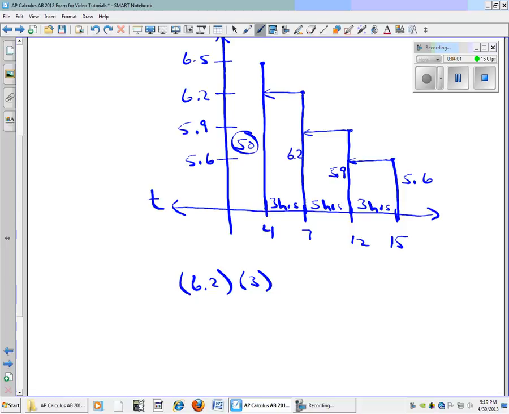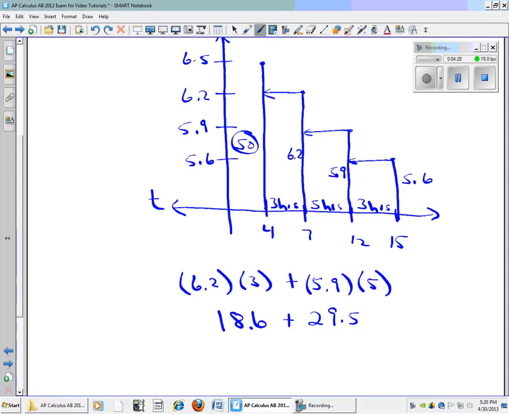So we'll have 6.2 times 3 is 18.6 liters. Then in the second time frame, we have 5.9 liters per hour for 5 hours. And again, the hours cancel, and we're left with liters. And 5.9 times 5 is 29.5 liters.